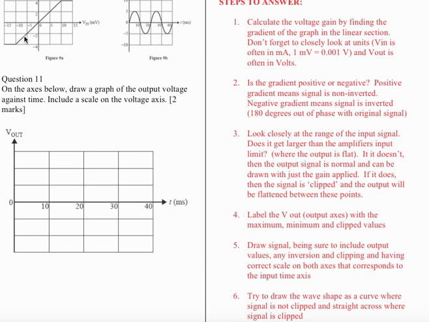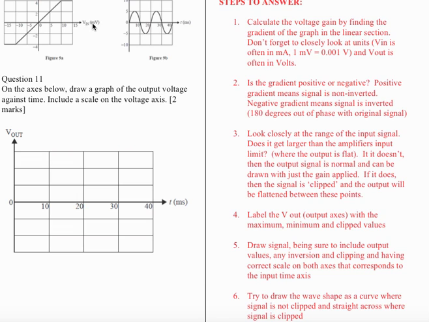So you'll see a linear section of the graph here, where you've got a certain output voltage for a certain input voltage. So the voltage gain is simply the rise over the run, or the amount of voltage out compared to the voltage in. Now look closely at these graphs.